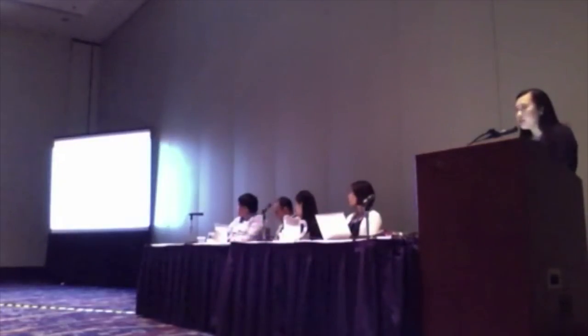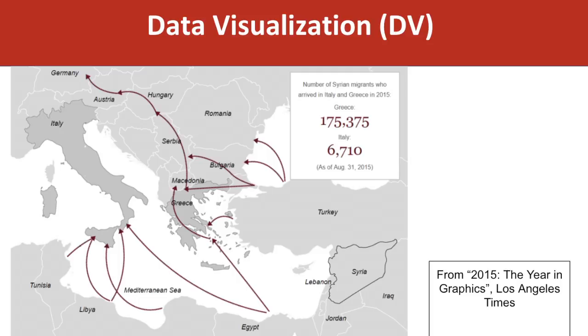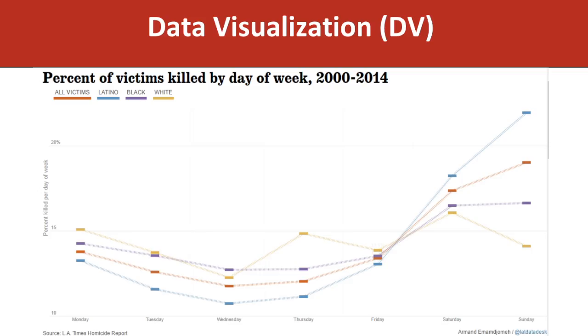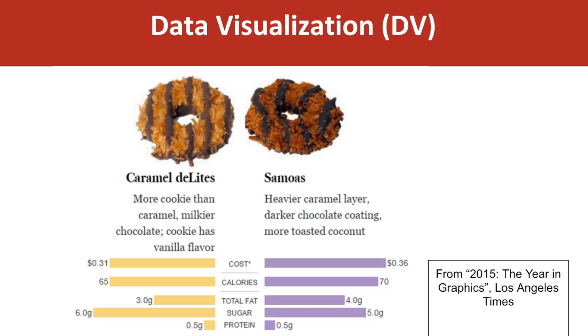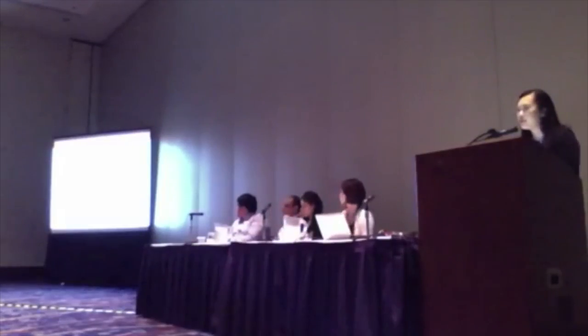Nowadays, data visualization could be used to communicate ideas about a wide variety of topics, from immigration, the example that I'm having up here, to the days of the week where workers are murdered, to information about cookies. And all of these examples are taken from latimes.com. So data visualization is very useful. We use it to communicate a lot of types of ideas and messages to our audience.